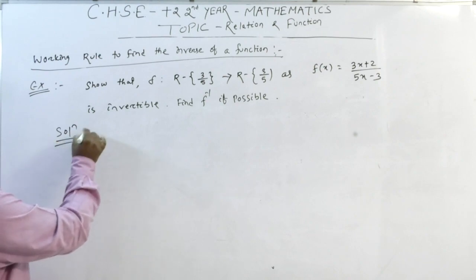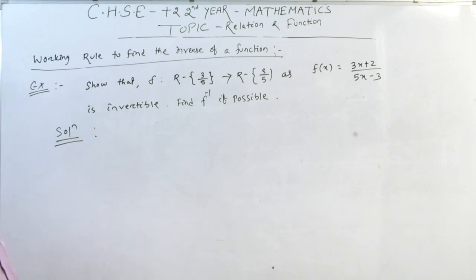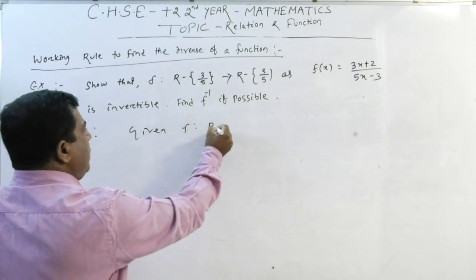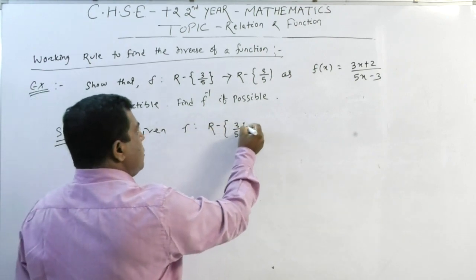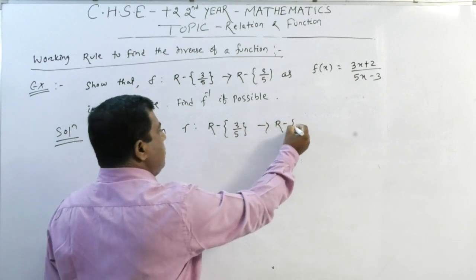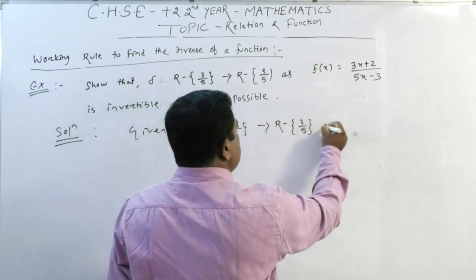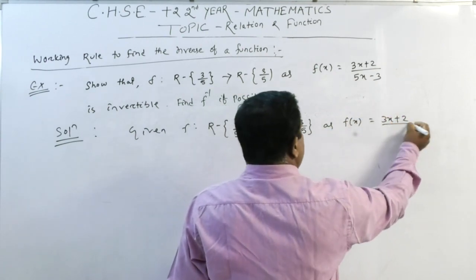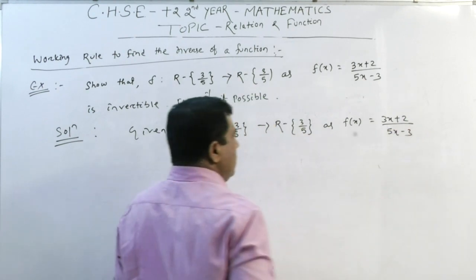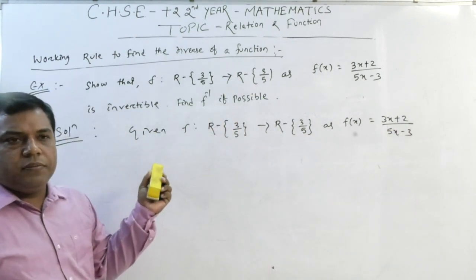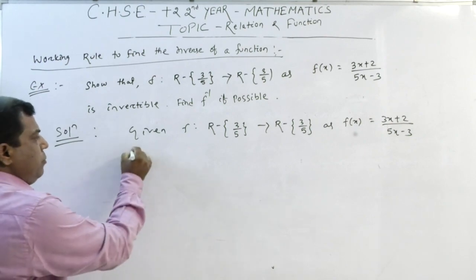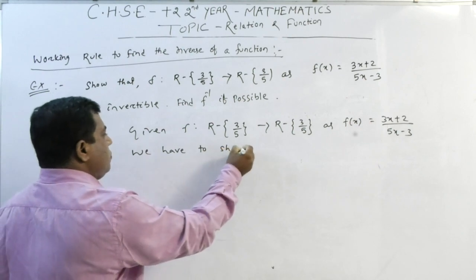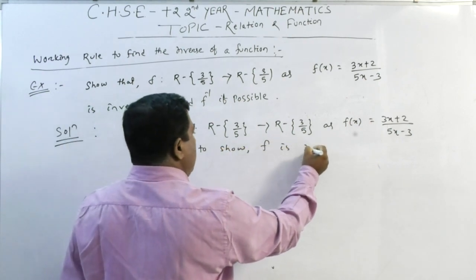Given f is from R minus 3/5 to R minus 3/5 as f of x equals 3x plus 2 divided by 5x minus 3. This is given. We have to show f is invertible.